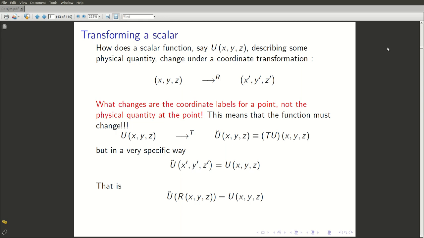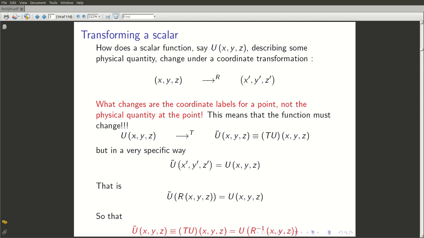This means that u tilde at the new coordinates R acting on x, y, z must be u of x, y, z. So what does this tell us about the function u tilde? The function u tilde evaluated at x, y, z must be the same as the function u, but evaluated at the point which became x, y, z after the transformation, that is the point R inverse x, y, z.